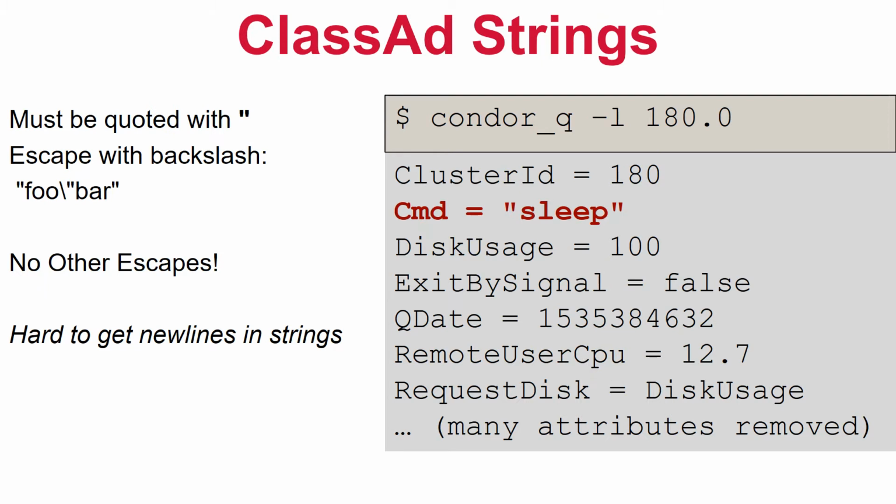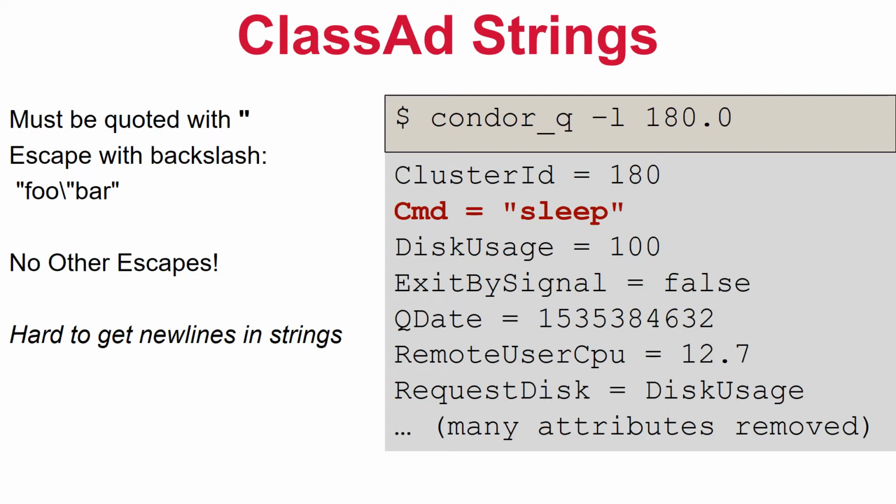ClassAd string values are always enclosed in double quotes. If you need to embed a double quote character within a string, it can be escaped with a backslash in front of it, but that's the only special character you get inside a string. Please, don't try to put a new line inside of a string. Most of the HTCondor tools and daemons cannot process those, and you'll likely get kind of a strange error.